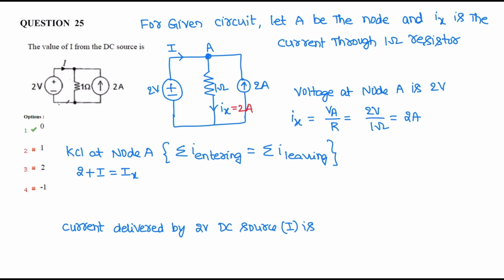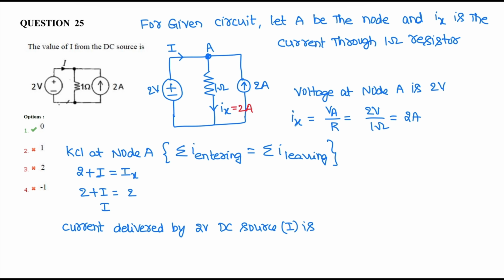So this is KCL. Apply KCL at node A. Here the entering currents are this current I and 2 amperes. I plus 2 is equal to the leaving current Ix.